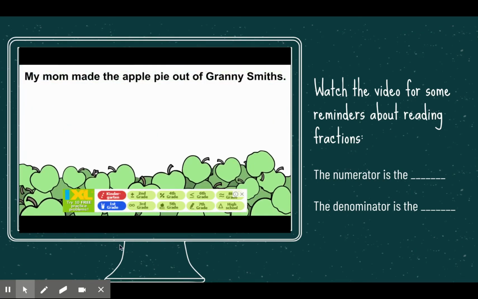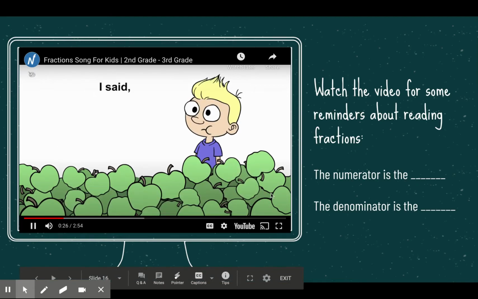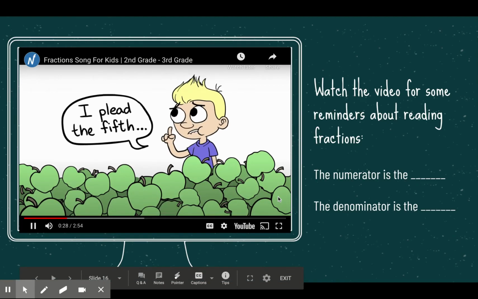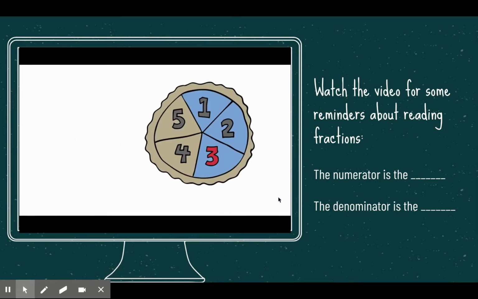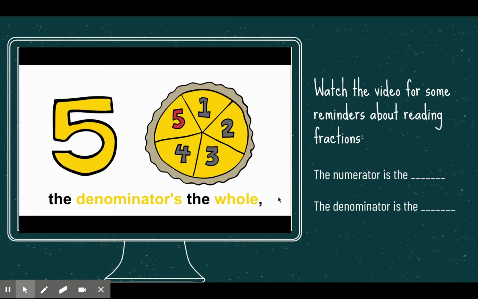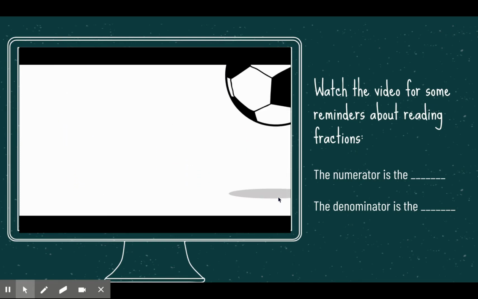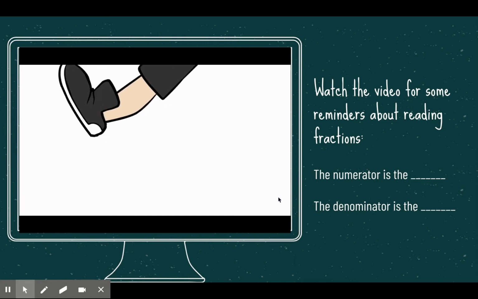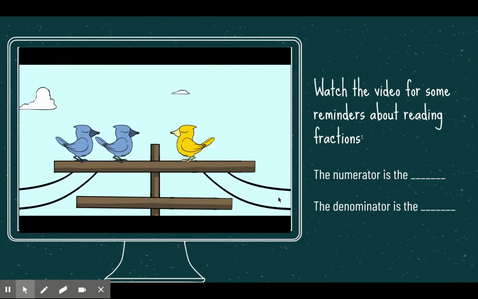The numerator's the part, the denominator's the whole, and fractions are parts of a whole. 3 birds were on a telephone pole.